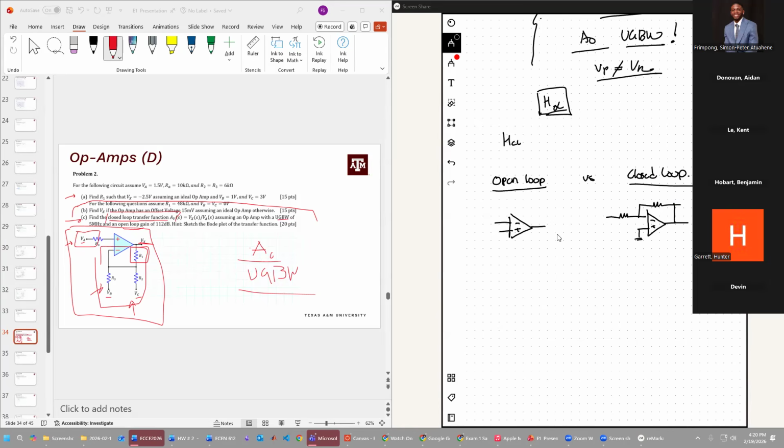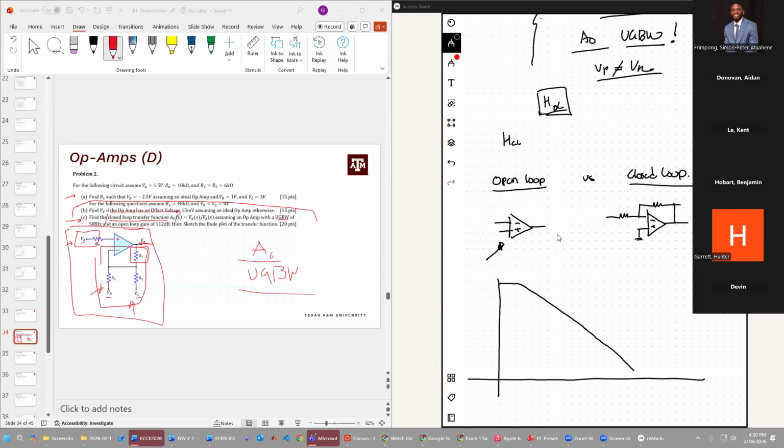One way to think about it is when you have an op amp device not connected to anything, right? The manufacturers have characterized the op amp using a Bode plot when it's not connected to anything. And that open loop response looks like this.